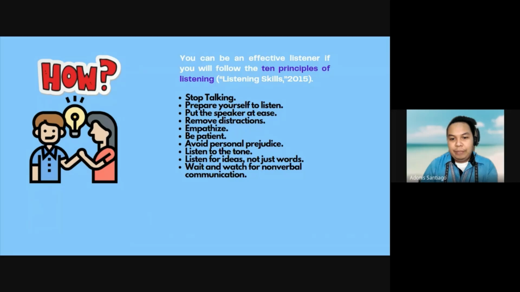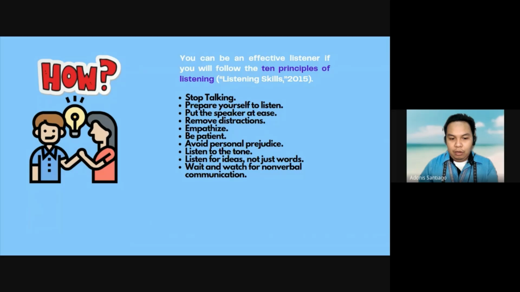Next, we need to listen to the tone of how the speaker is talking as of the moment. How does she feel? You need to be very sensitive in those matters. Also, we need to listen for ideas and not just words. We need to listen to the message and interpret it implicitly, the implied meaning of the words.